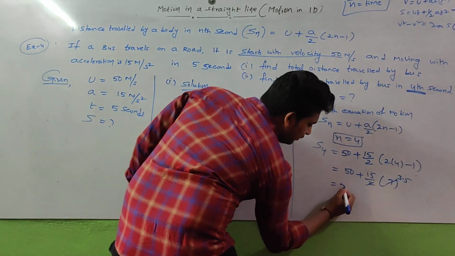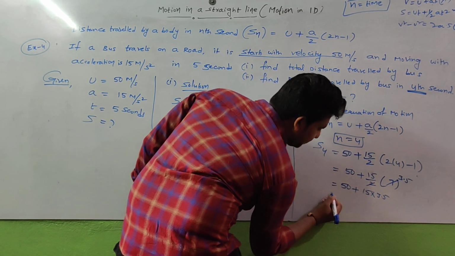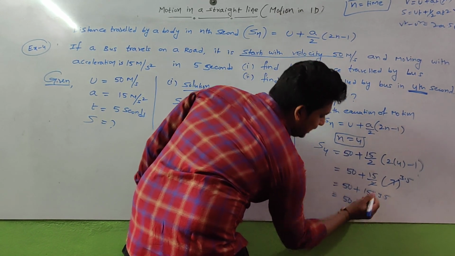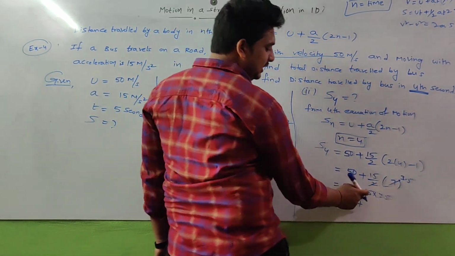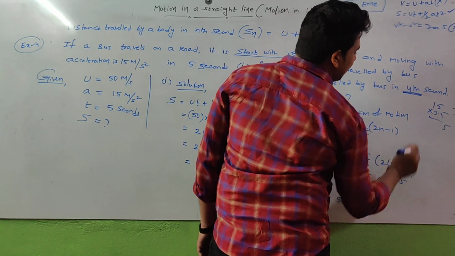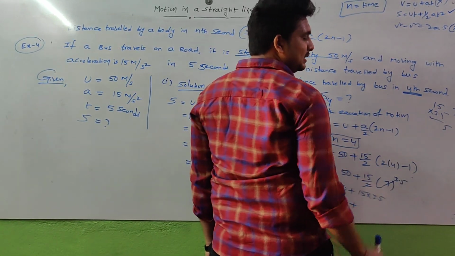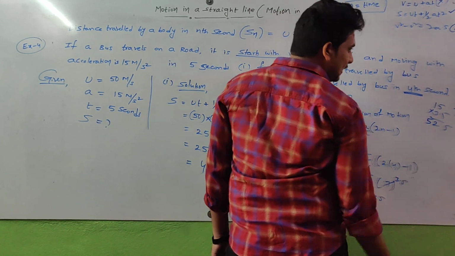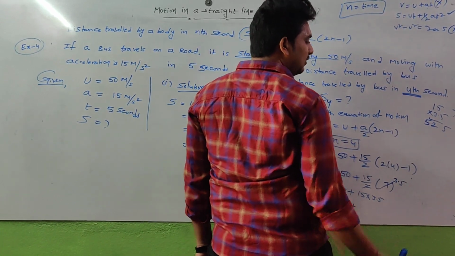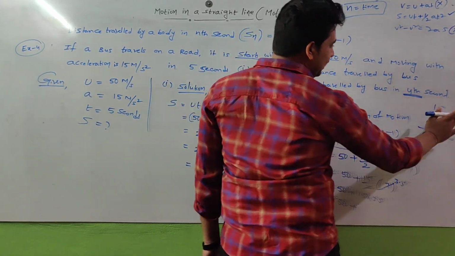So we got 50 plus 15 into 3.5. 15 into 3.5: 15 fives are 75, 15 threes are 45, 45 plus 7 is 52, with the point we got 52.5.